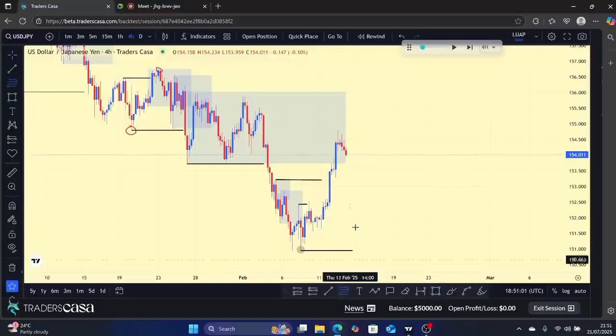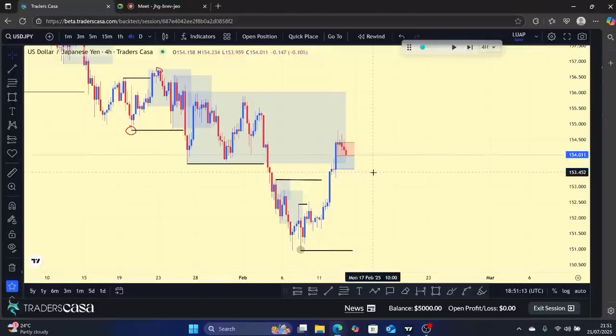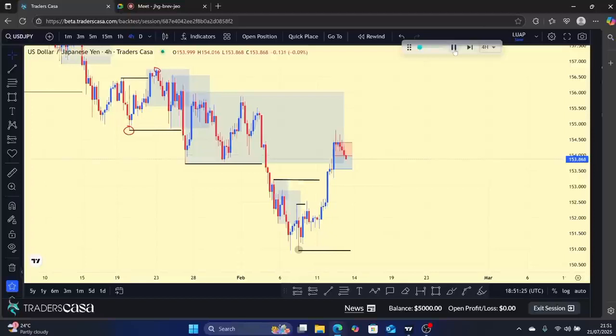If you do remember, I said to confirm an evening star we need to make sure that price has closed at least 50% of this bullish candle, the one that will now be creating the evening star. We need to see a closure past that. So if price closes past that, that's when we take the entry. So let's see, and exactly, you can see price did that.